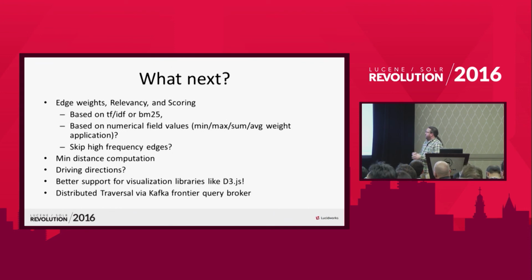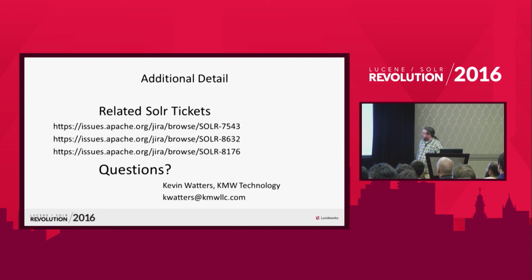The way it is right now, with visualization libraries like D3.js you have to do a little bit of work to get the result sets to visualize properly, so maybe we can improve that, and of course the distributed work, where I would like to replace Kafka with something more native in Solr.